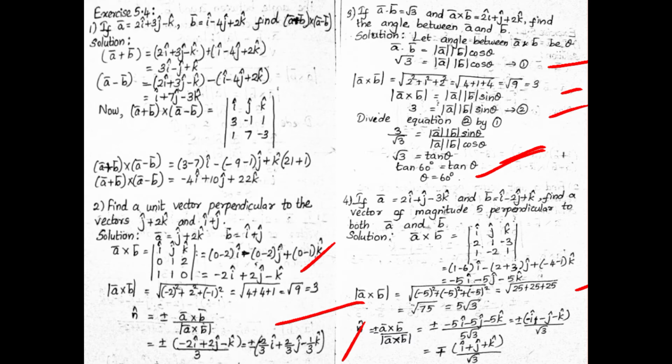Therefore, n unit vector is equal to plus or minus a vector cross b vector upon magnitude of a vector cross b vector, which is equal to plus or minus of minus 5i minus 5j minus 5k upon 5 root 3, which is equal to minus plus in the bracket i plus j plus k upon root 3.